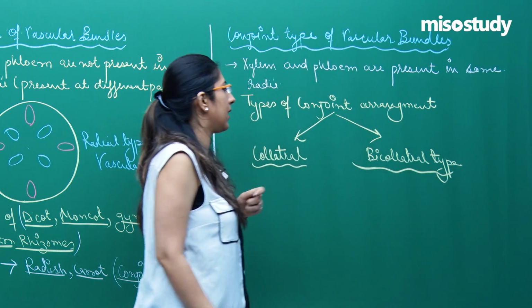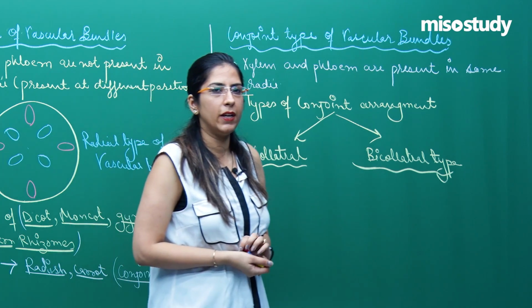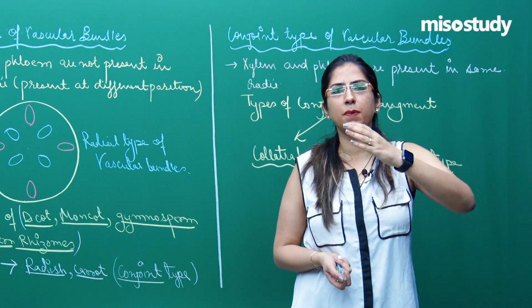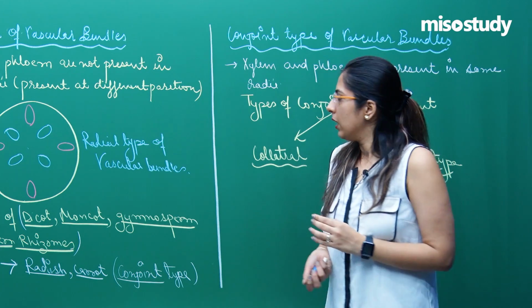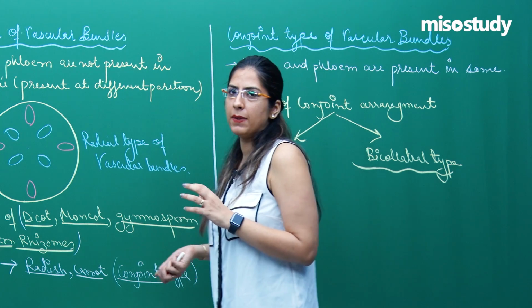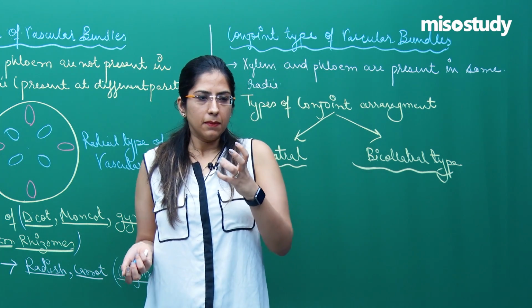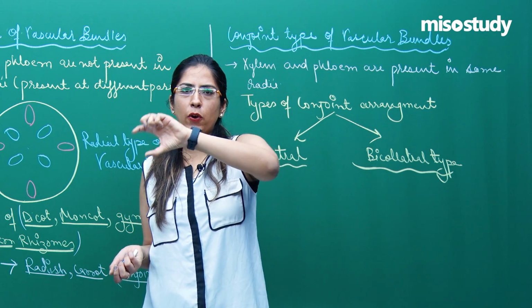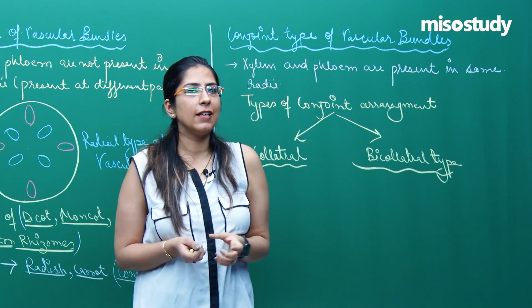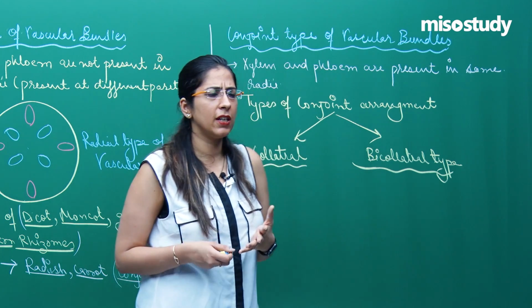First let's discuss the collateral type. The phloem is present towards the periphery and the xylem is present towards the center. This is a collateral type. Even in this collateral type, it has two further arrangements.